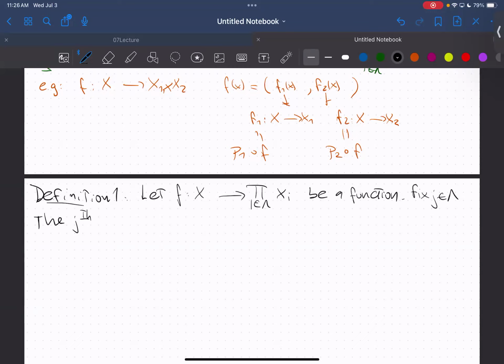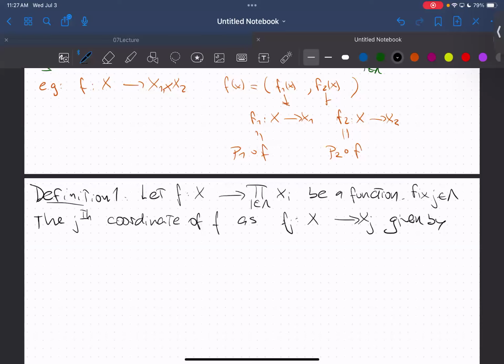We define the jth coordinate of f as the function, which we denote fj, going from x to xj, and is given by... Here I will write how I like to write functions, and then I will clarify what I mean.